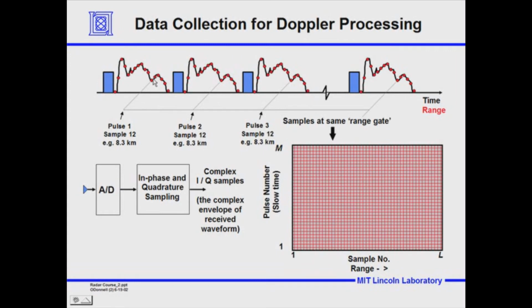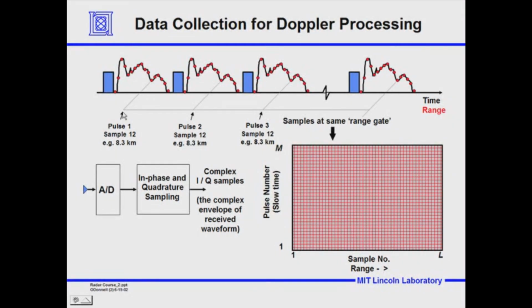Just to review, we see the pulses and then the echoes from that pulse, another pulse transmitted and its echoes, so that from pulse 1, this would be up here sample 12 at say 8 kilometers, and for pulse 2, sample 12, pulse 3, sample 12. Those samples for a given pulse number, say pulse 1, would fill a row.